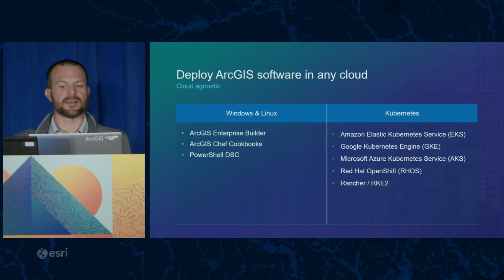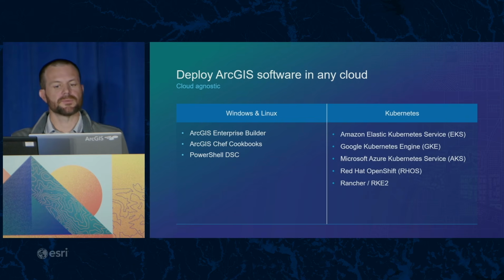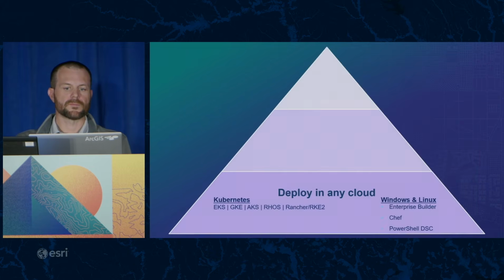On Windows and Linux platforms, there are tools like the Enterprise Builder, Chef, and PowerShell DSC, and these help automate and standardize deployments. And ArcGIS Enterprise on Kubernetes runs cloud natively and supports managed Kubernetes services like EKS, GKE, and AKS.